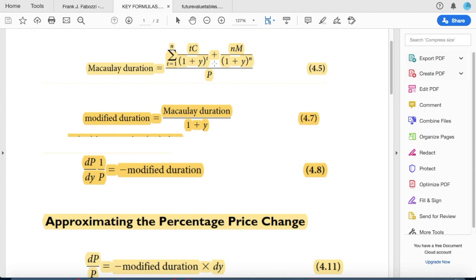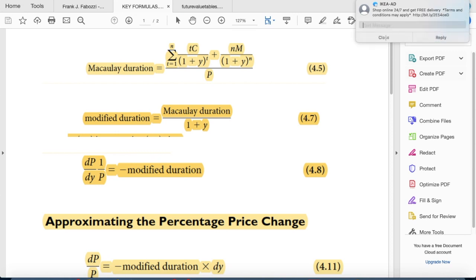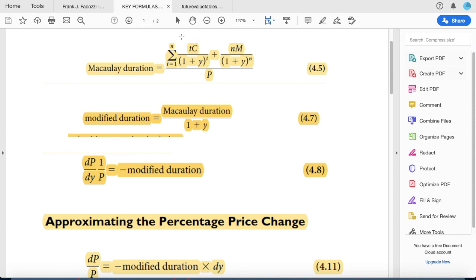We can divide the Macaulay duration into 3 components. This is the first one, related to the coupons. This is the next one, related to the final payment, and this is the third one, which is the current price.